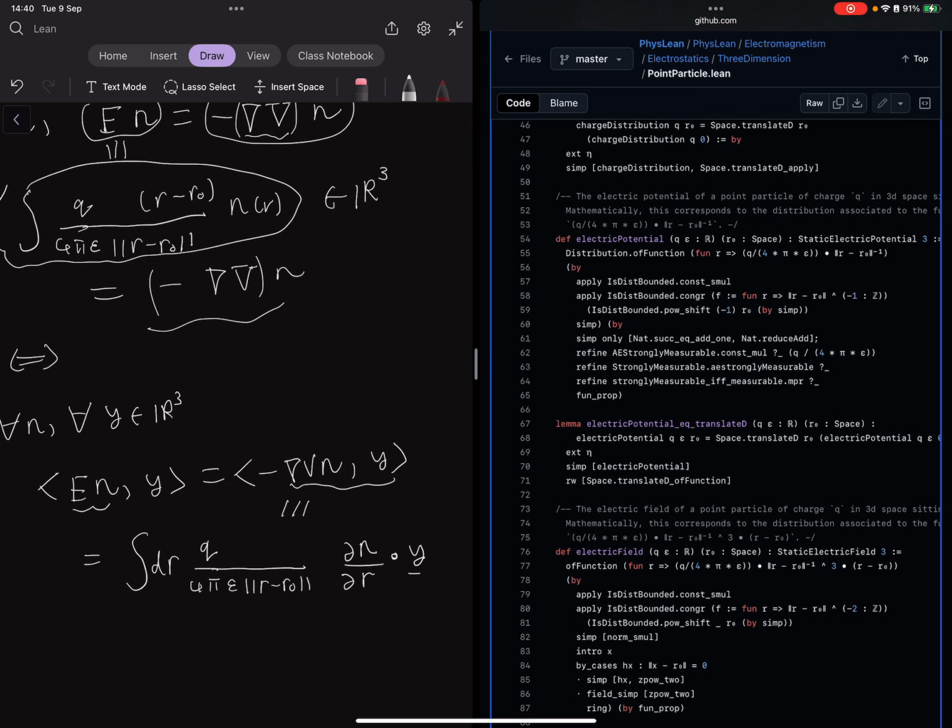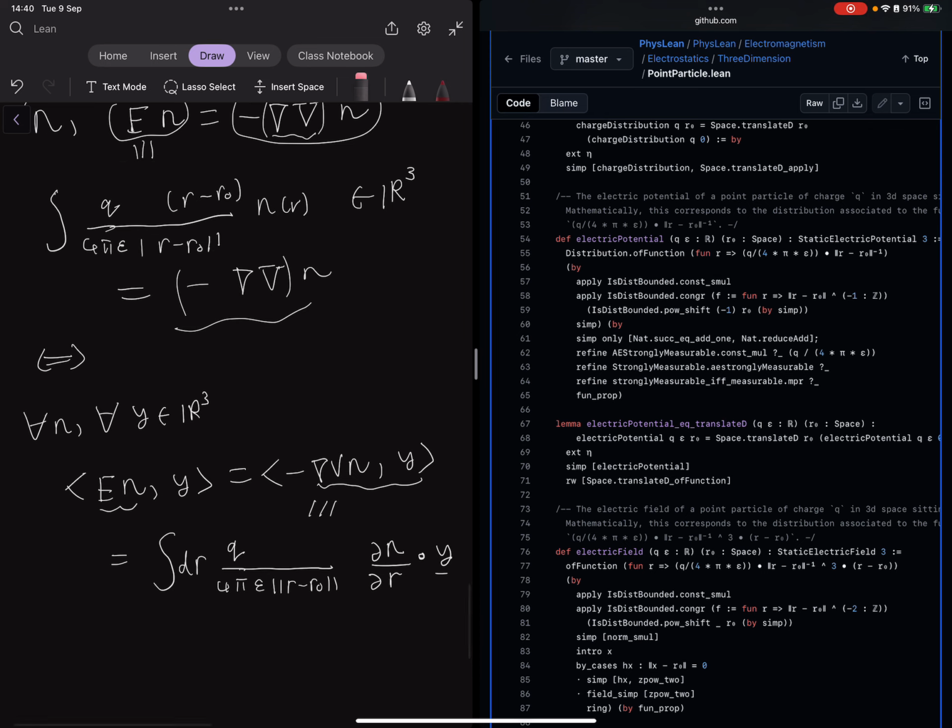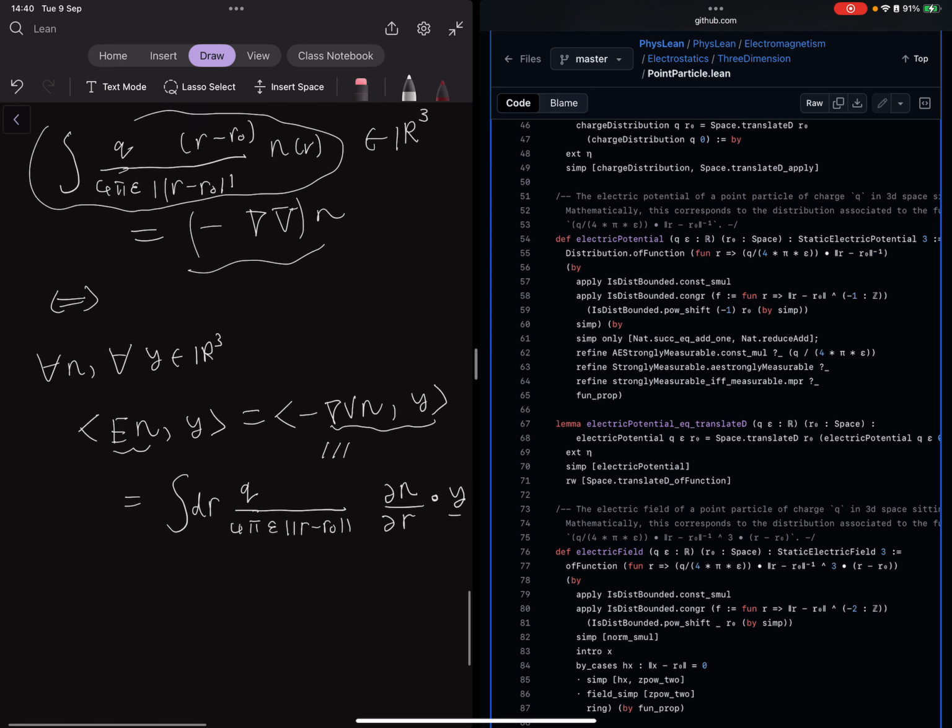They're basically definitionally equal to this side, and that's from the definition of the gradient of the vector potential and the definition of the vector potential itself. And then this right-hand side is basically this thing here within this inner product. So what is that equal to? Let me write it down here.